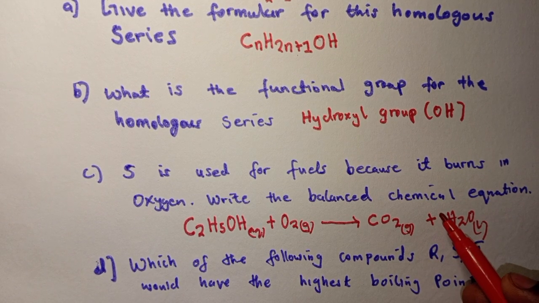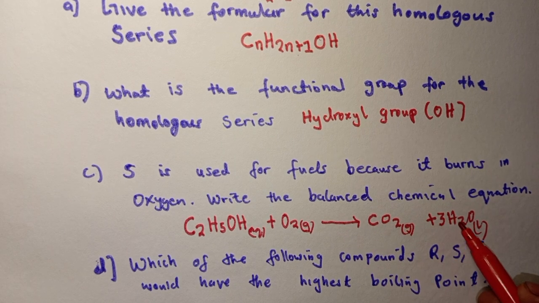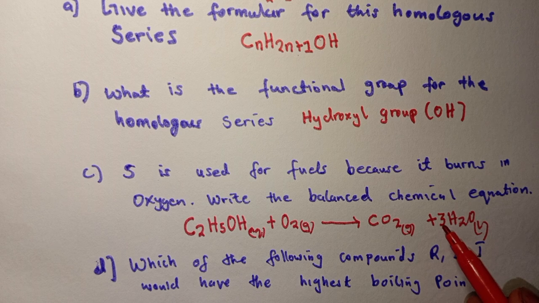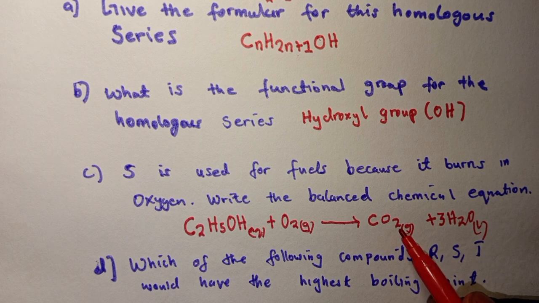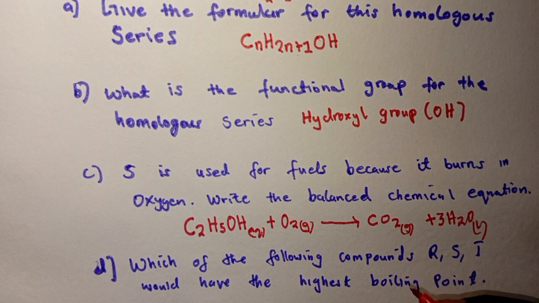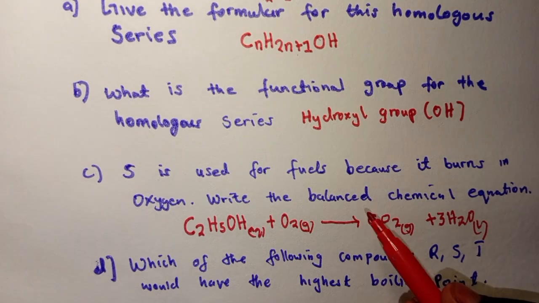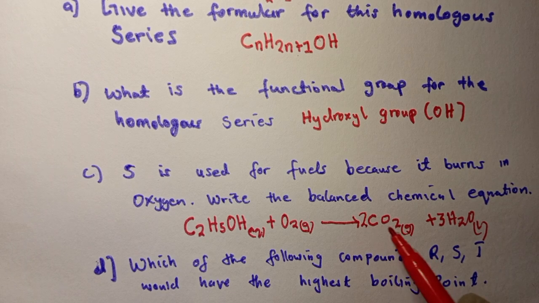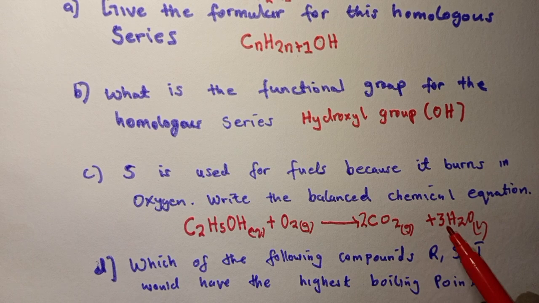Then we put a 3 here to make sure that hydrogen is 6. Now this makes oxygen 3 plus 2, and oxygen now is 5. Let's try to put a 2 here for the 2 carbons. Oxygen is 2, so multiply by this 2, that is 4 atoms of oxygen.